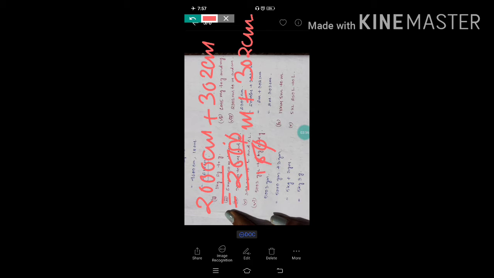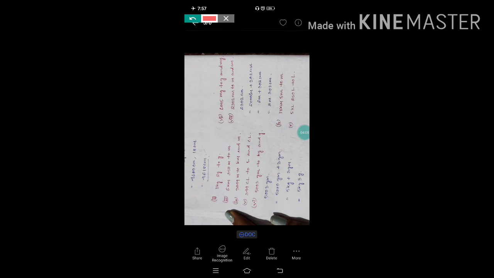The two zeros will get cancelled, so that is 20 meter and 302 centimeter. Ultimately the question asks only for meter and centimeter, so the answer will be 20 meter and 302 centimeter.